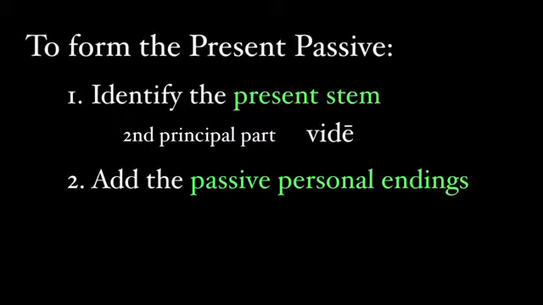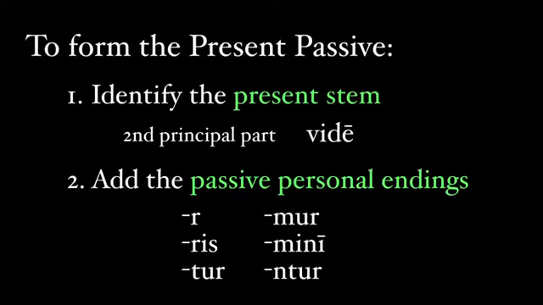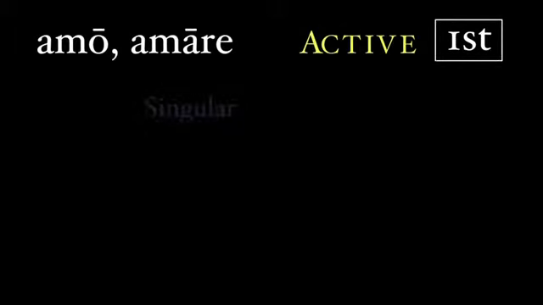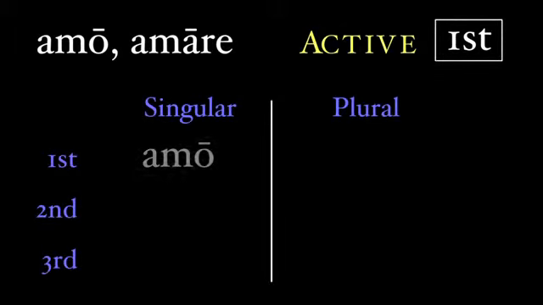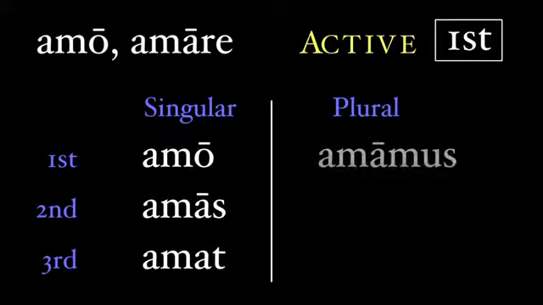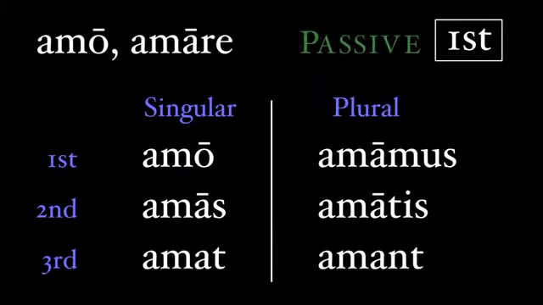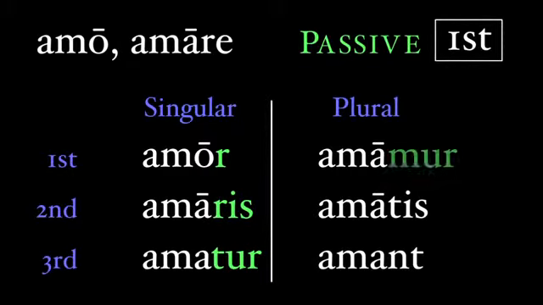So instead of o, s, t, mus, tis, nt, we're going to use or, ris, tur, mur, mini, and ntur. So for a first conjugation verb like amo, the active conjugation in the present tense is amo, amas, amat, amamus, amatis, amant, while the passive conjugation is amor, amaris, amatur, amamur, amamini, amantur.